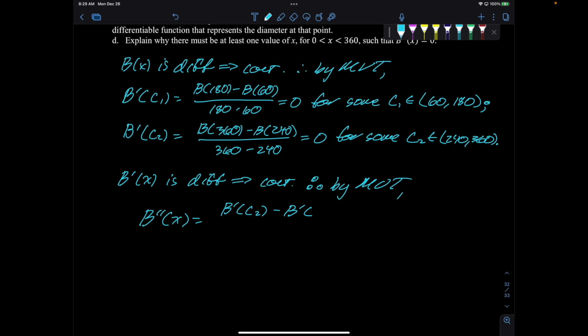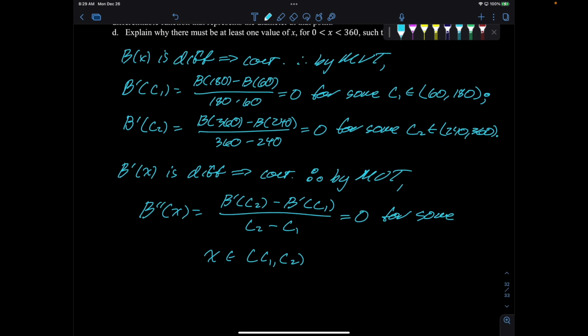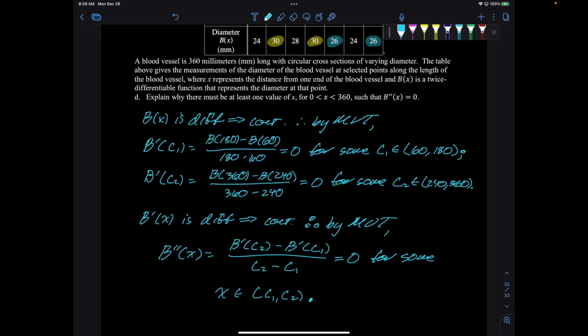This one's a little easier because they're both 0, so this is definitively 0, equals 0 for some x, an element of (C1, C2). So there's at least one value. I don't think we really need to write that. All right, there you go.